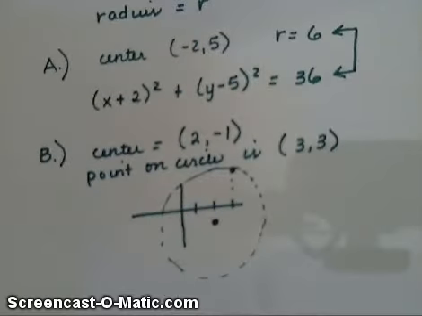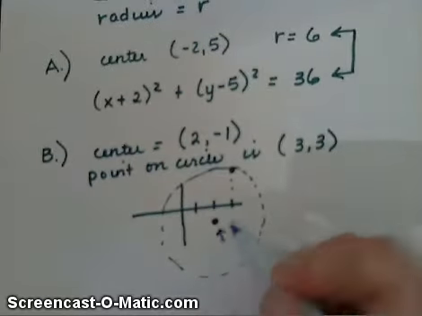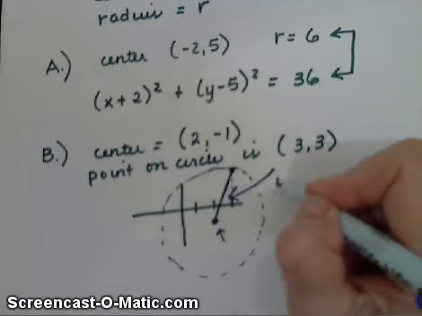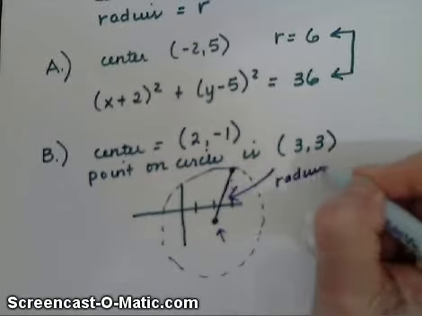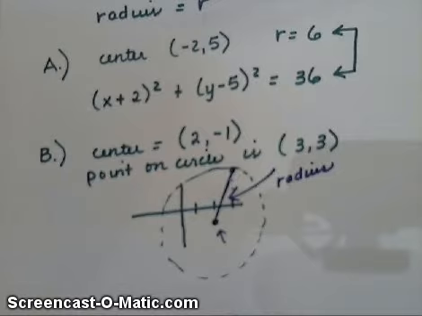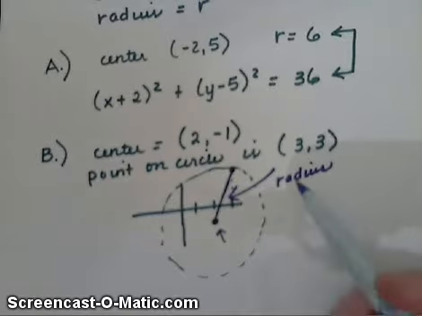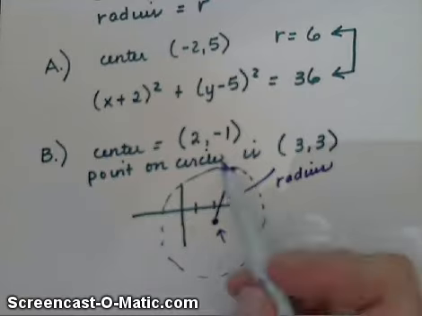Now what we know is that this is the center, and this right here is the radius. So what we've got to do, remember our lesson, we're talking about 3 things. We're talking about distance and midpoint in circles. So what we need there is the distance between these 2 points.